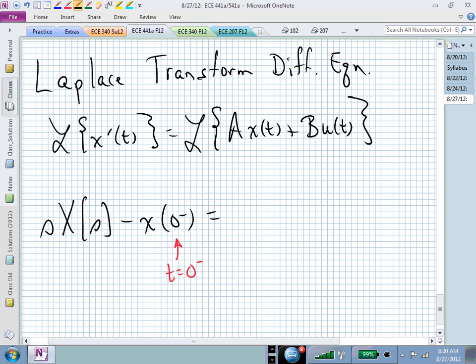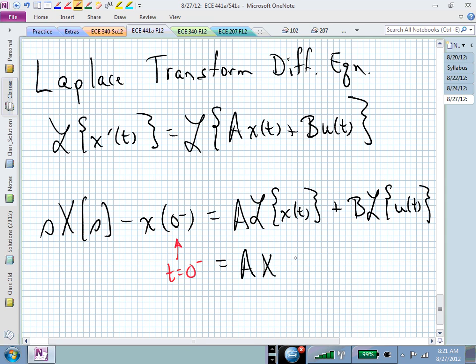They're constant matrices, and so the Laplace operation slides right through those, and we now have A times the Laplace transform of x(t) plus B times the Laplace transform of u(t). And that will just be then AX(s) + BU(s) by definition of the Laplace transforms.